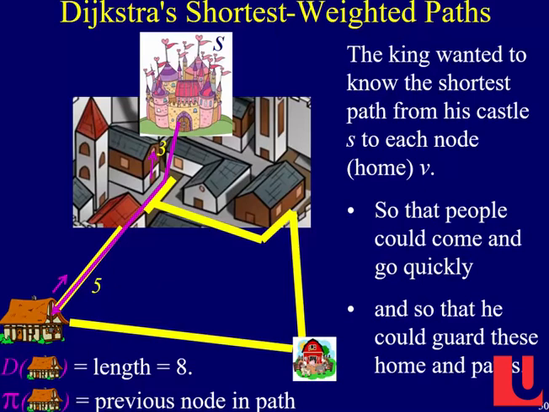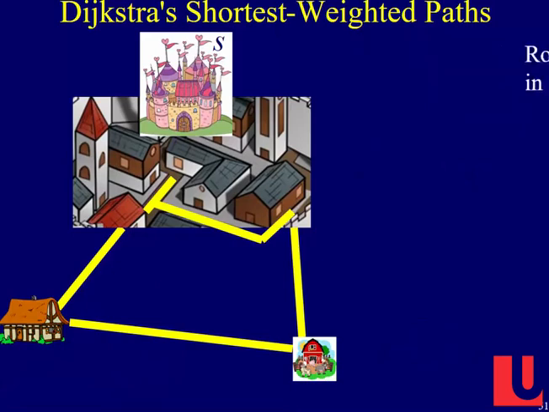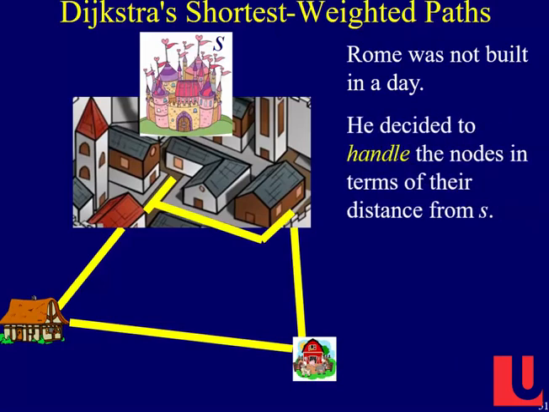So he's going to guard these paths. All right? But the problem is Rome wasn't built in a day, so he's going to handle nodes. And his algorithm is going to be handle nodes in terms of perceived distance from S. Right?